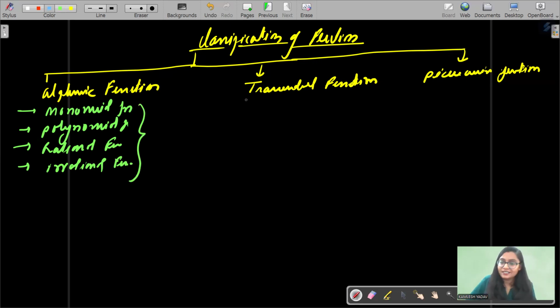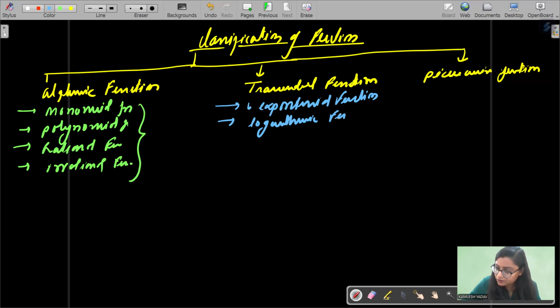Now, transcendental function is classified as: first, exponential function. Second is logarithm function.